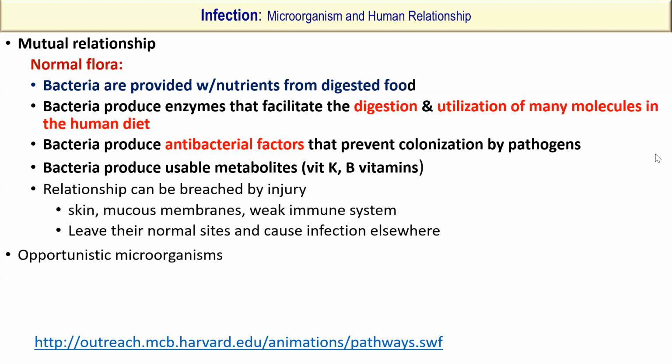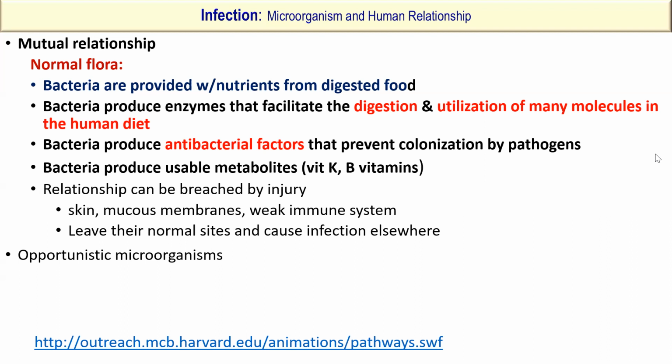We explained yesterday in the immune system and inflammatory response the normal flora as the first line of defense: how we have normal, good bacteria in different areas of our body, especially in the GI tract.